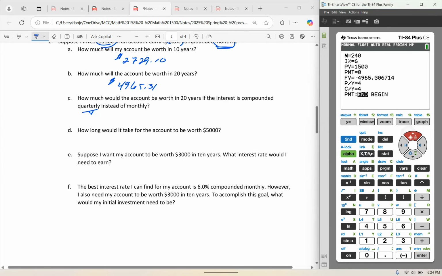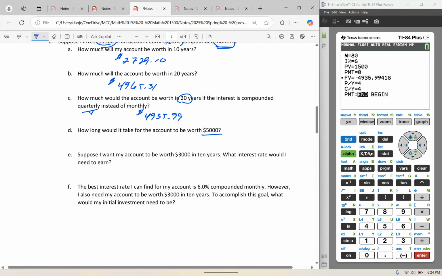But now this is going to be 4 quarters per year for 20 years. And so my future value, alpha solve, is going to be $4,935.99.